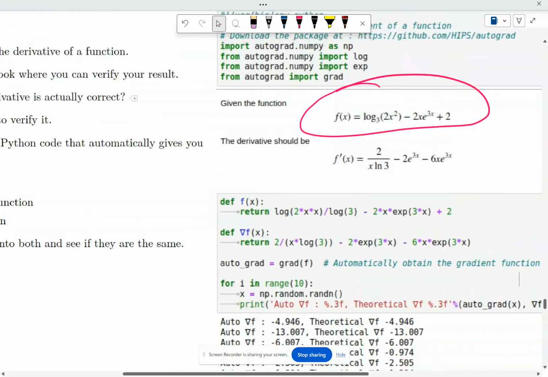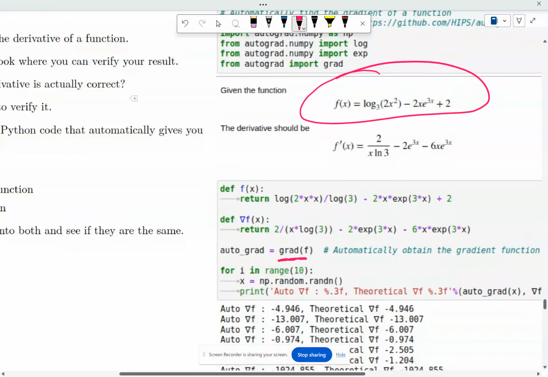Now, the key function here is called grad. Notice we pass the function in here, and we get another function called autograd. This is the automatic discovery of derivatives. So this function right here, if you plug any x in, it should give you the derivative at that point.